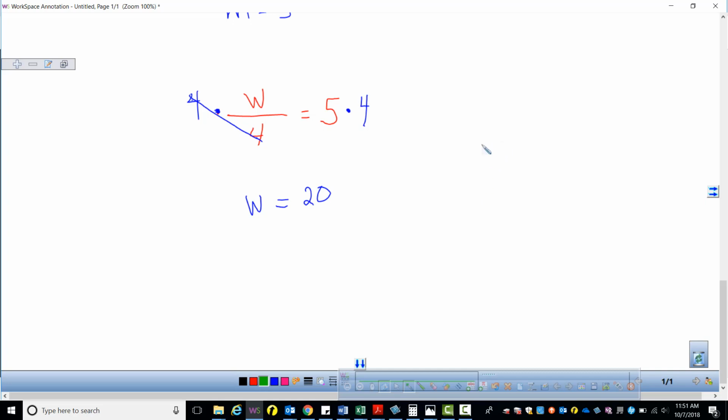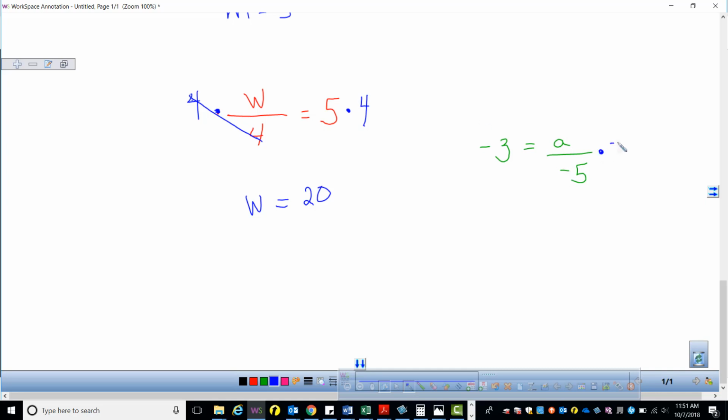Let's try another one. How about if we have negative 3 equals a over negative 5. So I'm dividing a variable by negative 5.